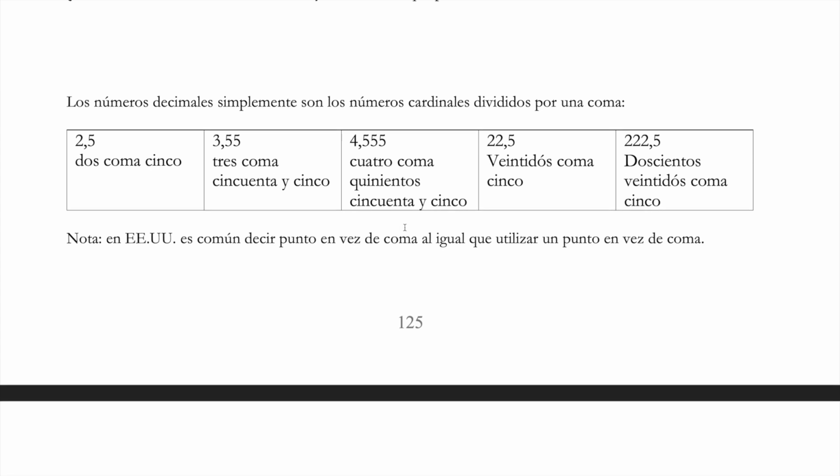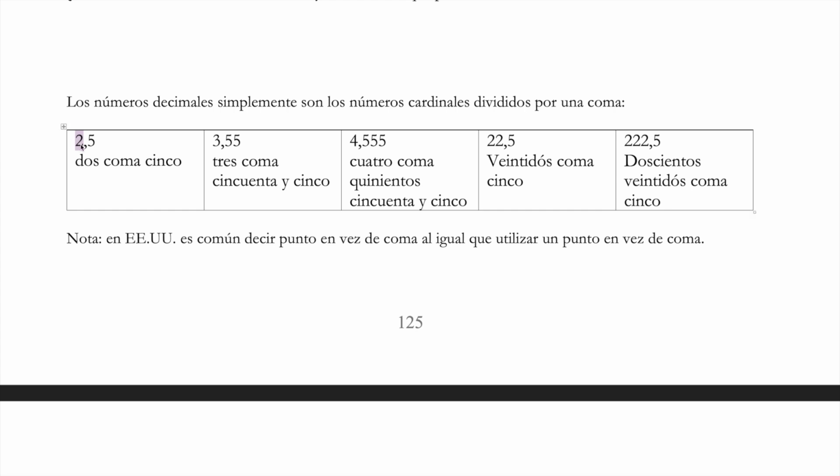Now, when it comes to fractions, there's going to be a note here in a bit. But you have, for example, 2,5, 3,55. And what you do is you just say the first number, whatever it is, and then you say the punctuation, in this case, comma, and then you say whatever number follows. This would be 5, 55, 555.